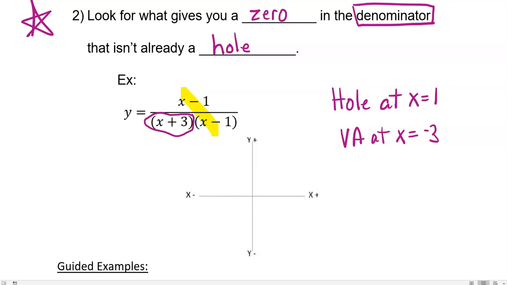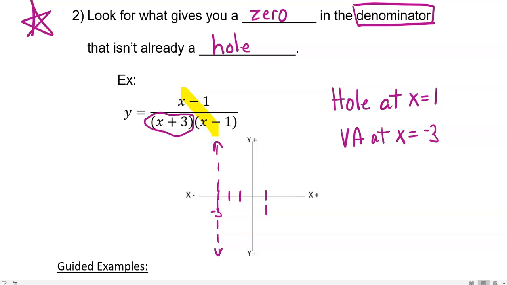Okay, so this is going to make the graph that we just drew a little better, a little more specific. I know I've got a hole at 1 that I'm going to put in. But I also know now at -3, I've got this vertical line that the graph is going to get, like, not touch. It kind of splits this graph. The way you draw it in your sketch for me is by putting a dotted line in.